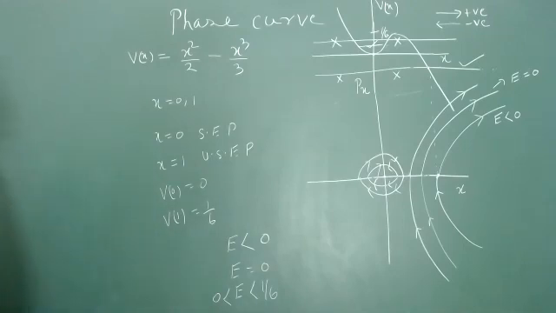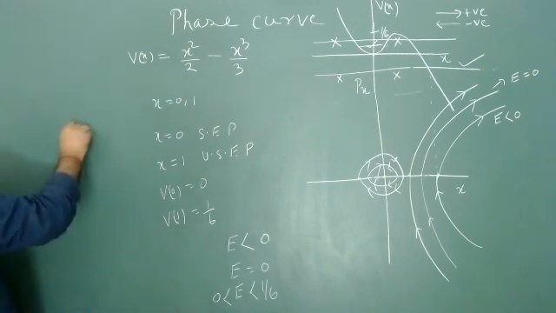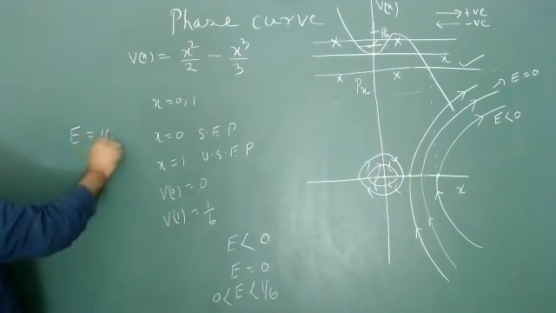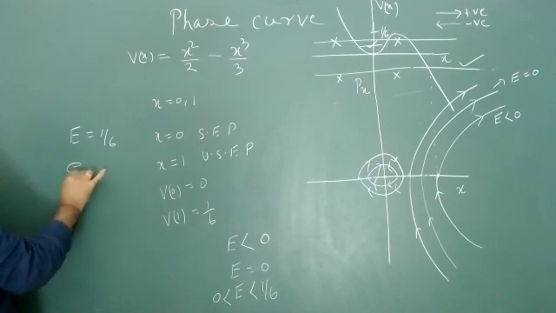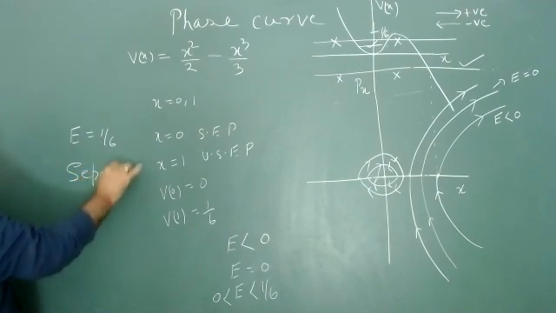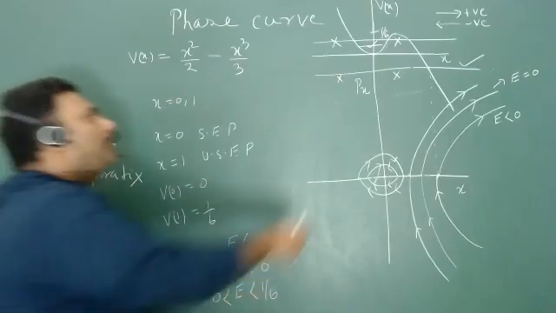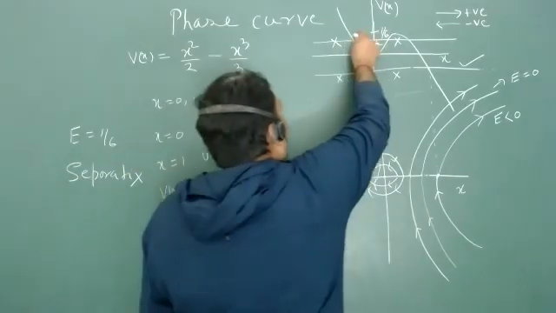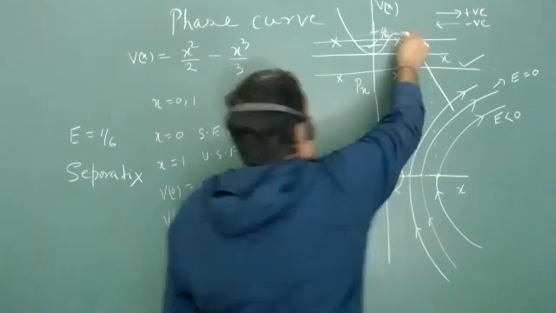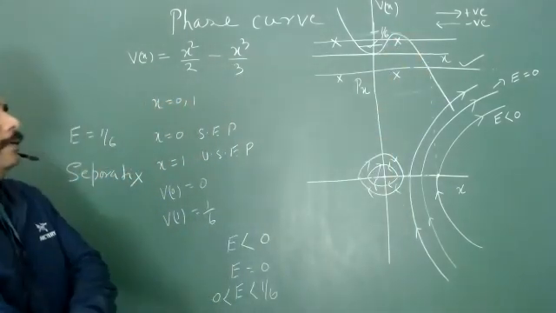Now, next is all about E equal to 1 by 6. And this is nothing but the separatrix, isn't it? E equal to 1 by 6 is all about the separatrix. Why is it the separatrix? Because for this value of energy, you will land at the unstable equilibrium point.